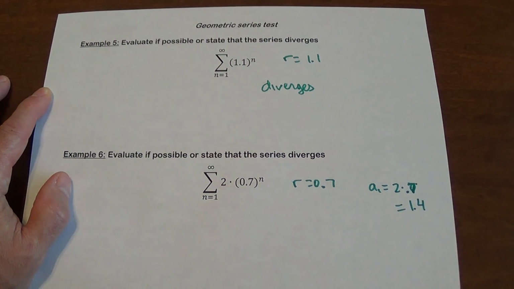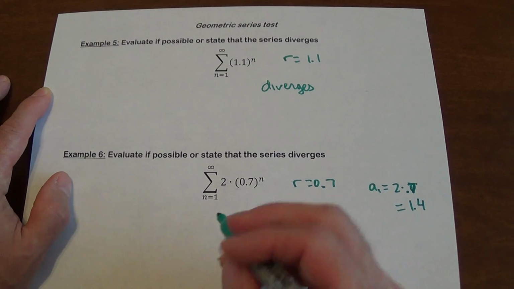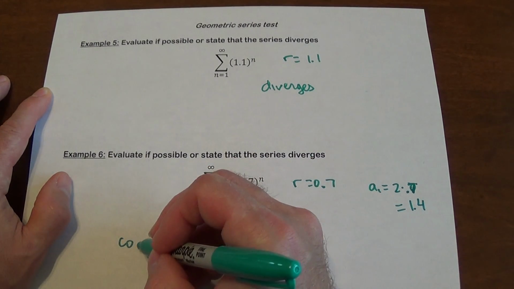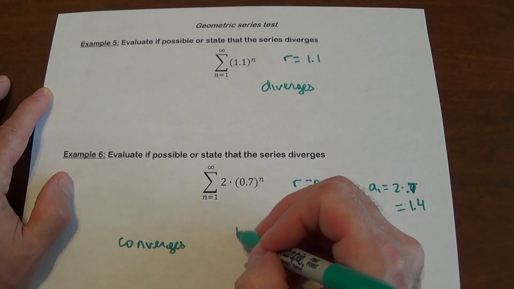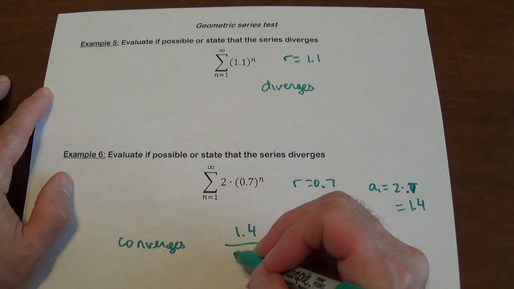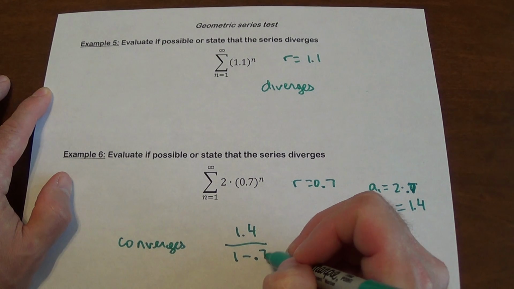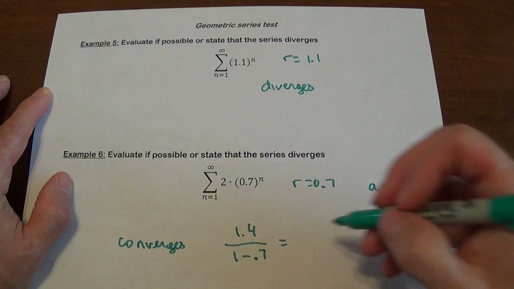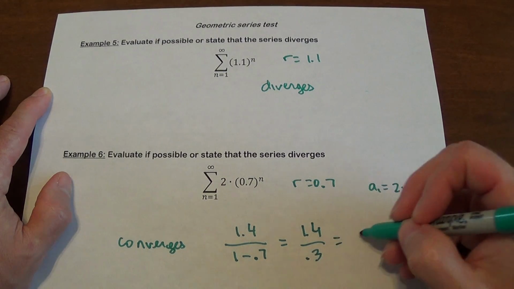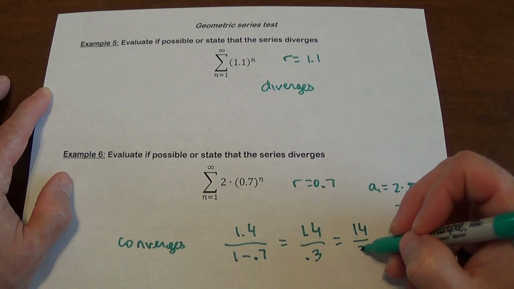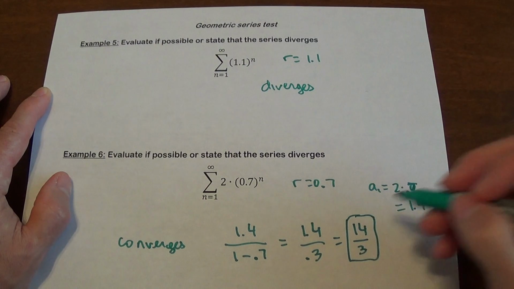So 1.4 is the first term, and it's going to converge. The sum is the first term 1.4 divided by 1 minus 0.7, which is 1.4 divided by 0.3, which can be simplified to 14/3.